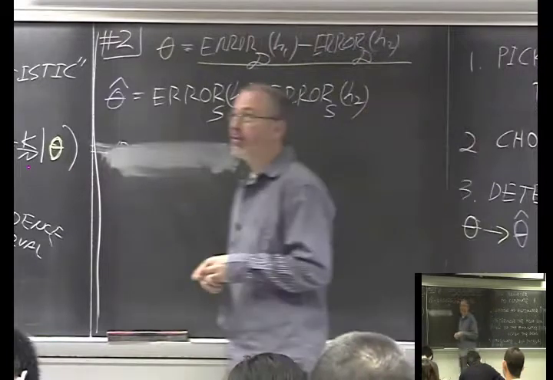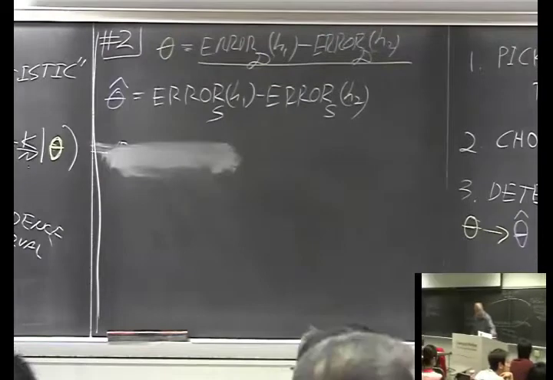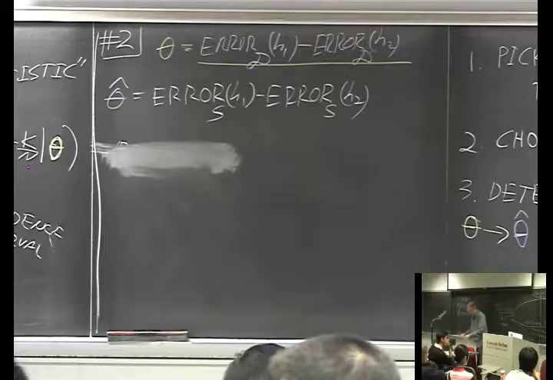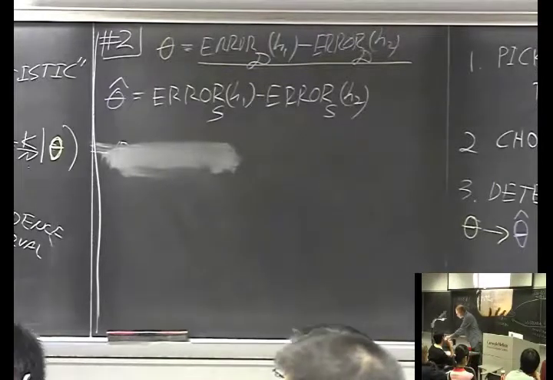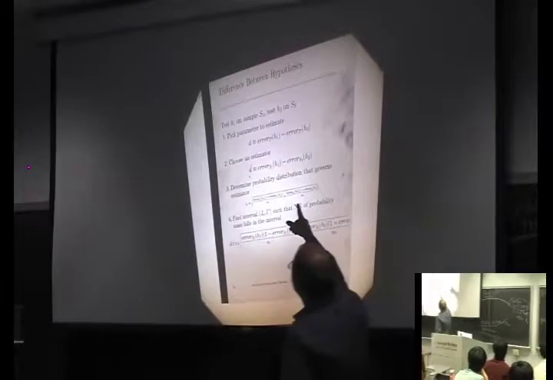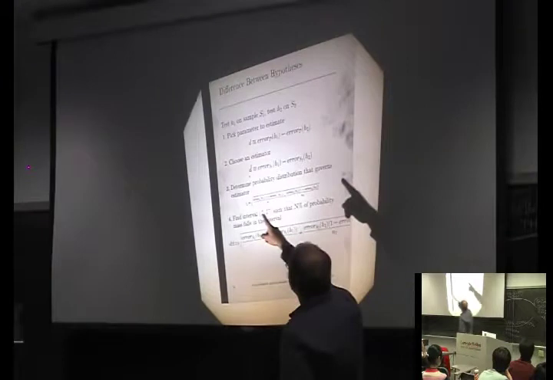And let me show you what the formula is for the confidence interval for the case of two hypotheses. This is the entire 4 steps on the slide. The first one is pick the parameter. They call it D here, we called it theta. That's the difference between the two errors.